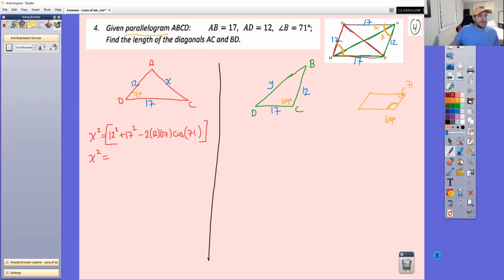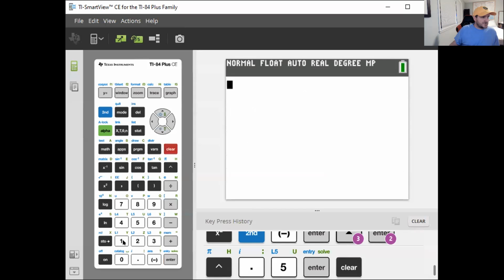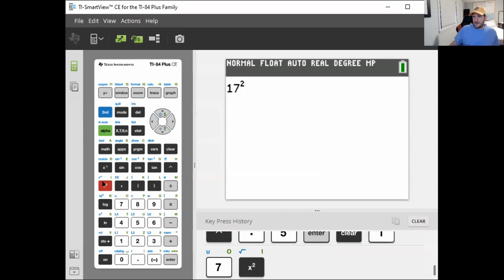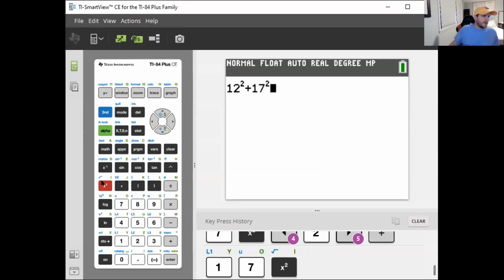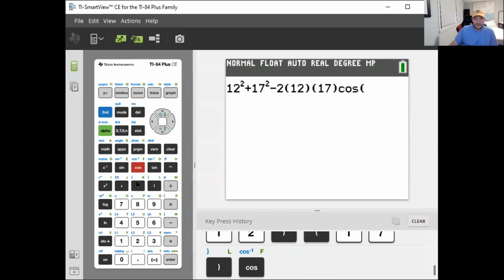Yeah, hold on. Let me do this in the other calculator so you all can watch. I think I've got a trick up my sleeve that you might appreciate. Clear all this garbage. We're going 12 squared, 17 squared, minus 2 times 12 times 17 times cosine of 71.